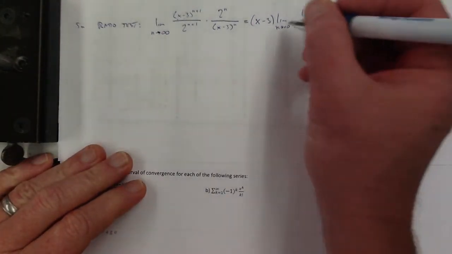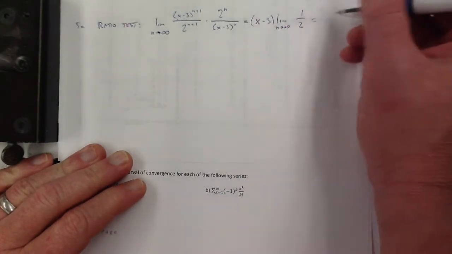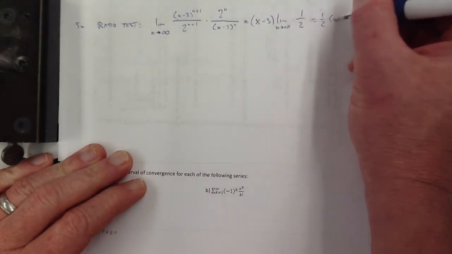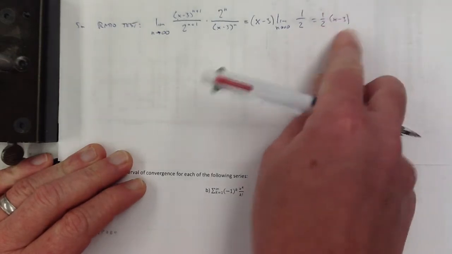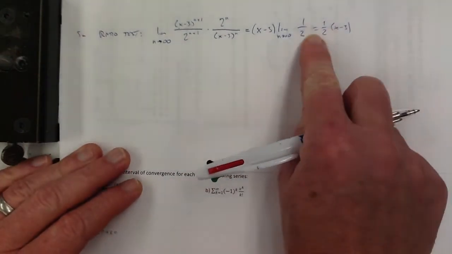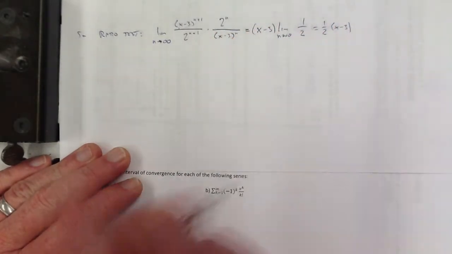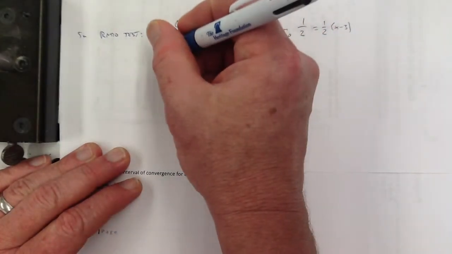So that's fine. That means we just have this, and when you get this far in the ratio test, whatever shows up here has to be in between -1 and 1.